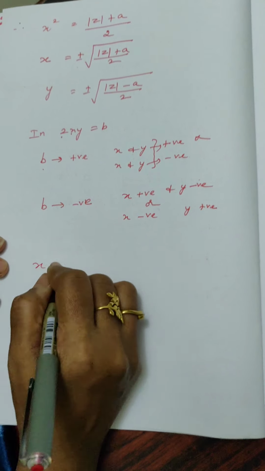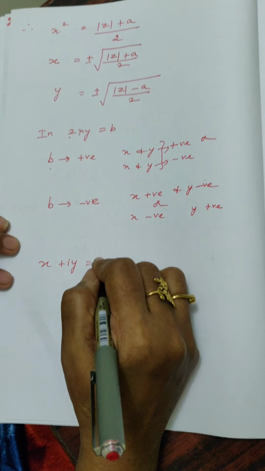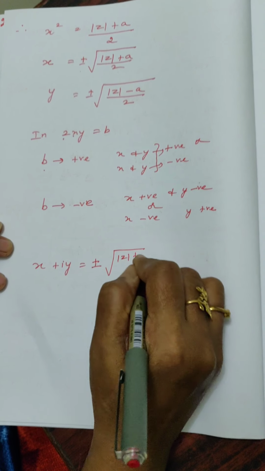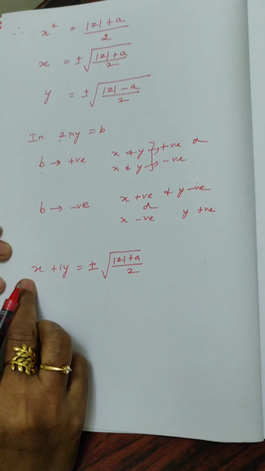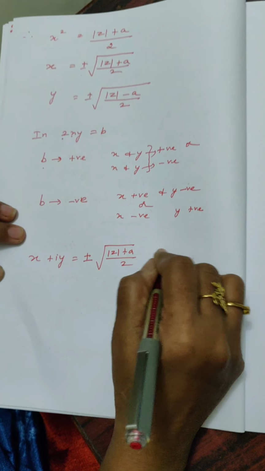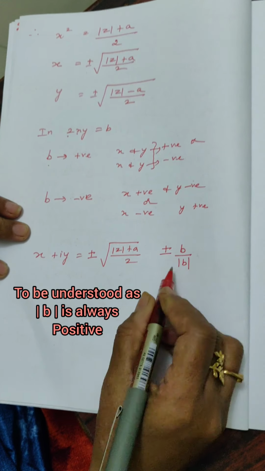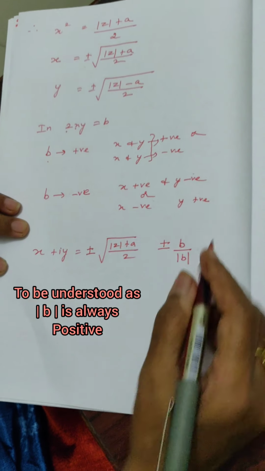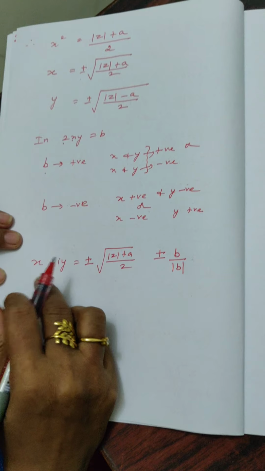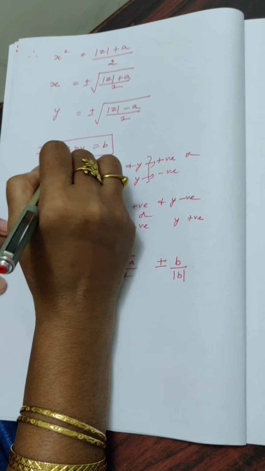That is, x plus iy can be written as, instead of taking plus or minus root of modulus of z plus a by 2, this is x. And in the place of y, plus or minus b by modulus of b. See here, b by modulus of b. So according to this b, we are going to find out the value of this x plus iy using this relation 2xy equal to b.